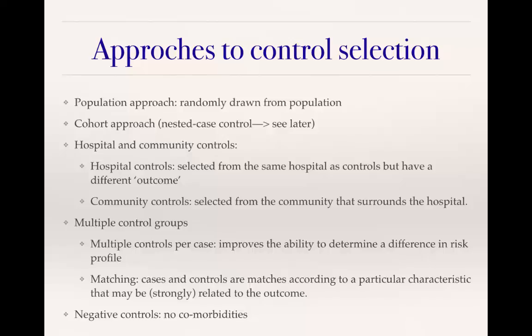The idea behind this is to reduce the variation between the case and control groups in all but the risk factors of interest. However, again, the more you want to match, the harder it is to get a good match between the case and control. And a negative control down the bottom is a control that has no comorbidity. It is a more pure definition of what that control might be.